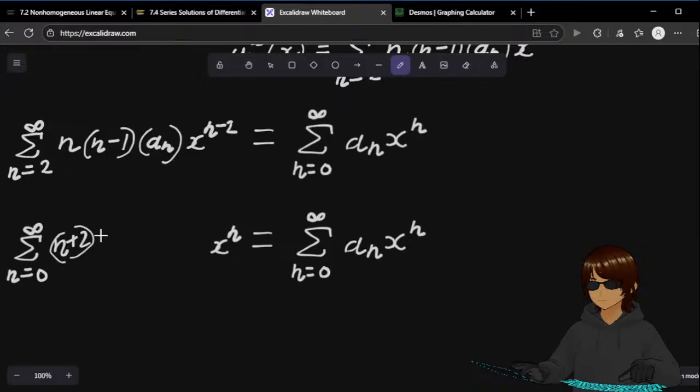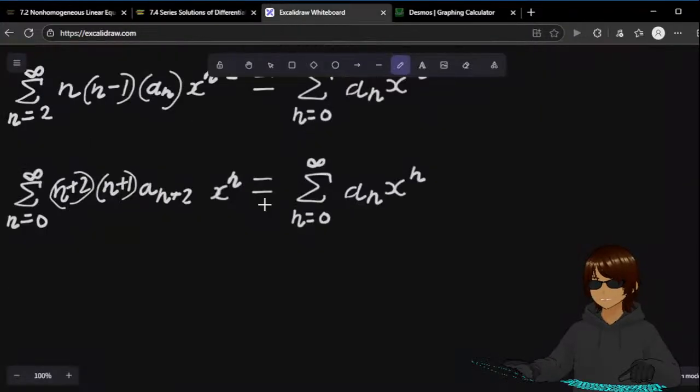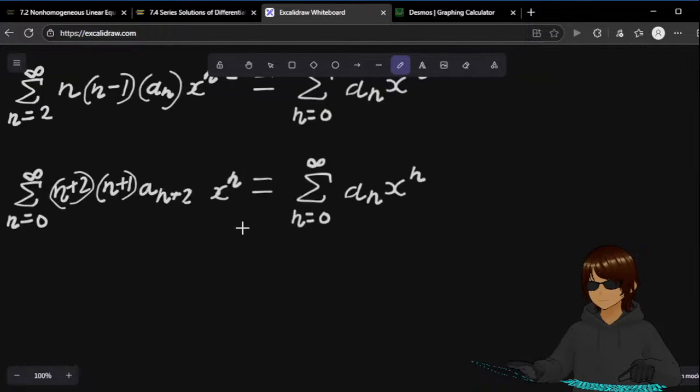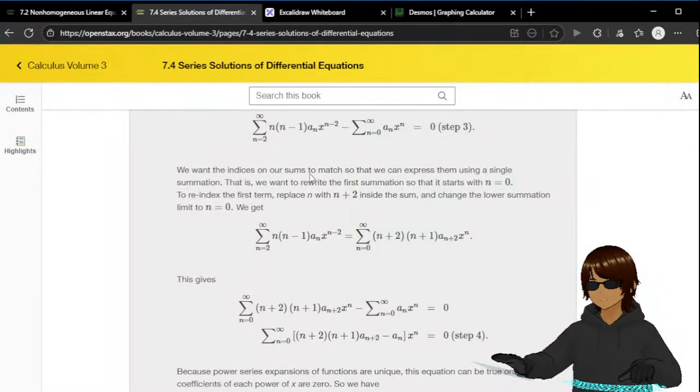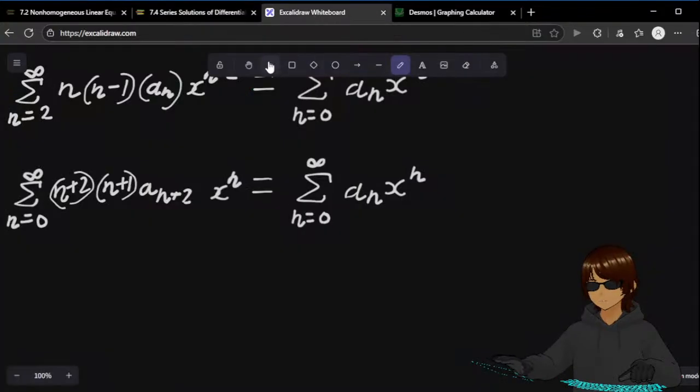Increment n by 2. And this is what they did, right? Yes. And should I put this back in here? So this minus this gives 0. But then where do I go from there? And then, okay, I take the summation out.